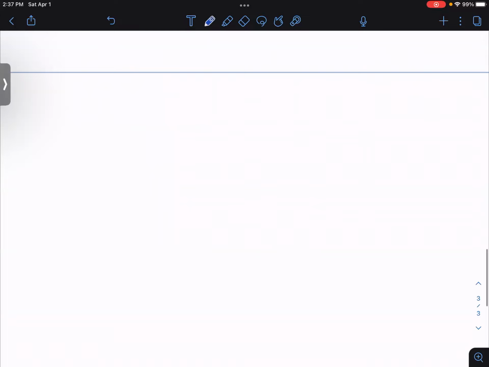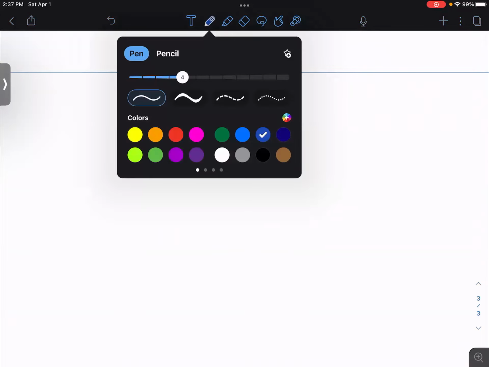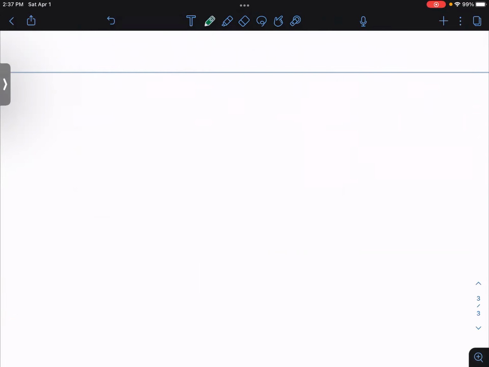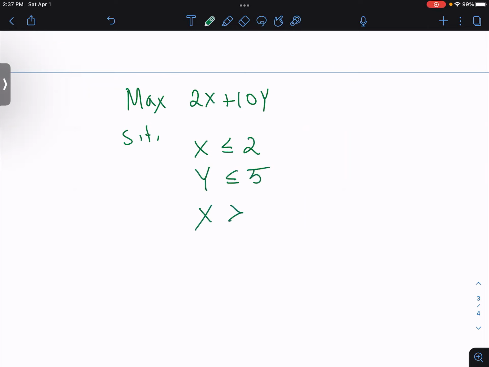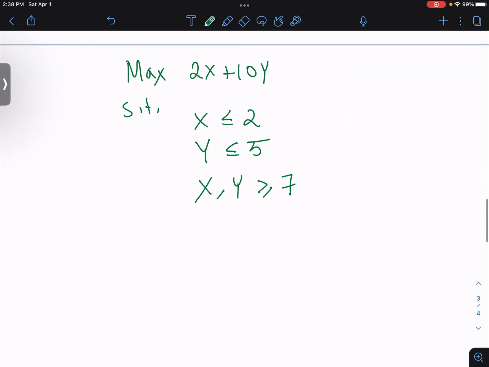All right, so let's move on to the next example, which was this. Max 2x plus 10y such that x less than or equal to 2, y less than or equal to 5, x comma y greater than or equal to 7.